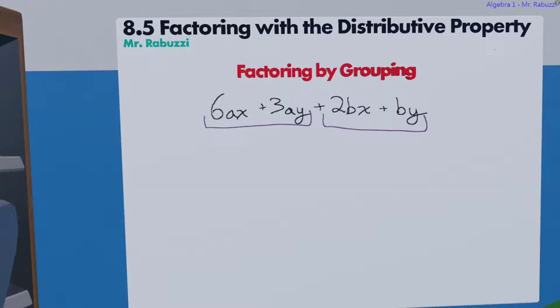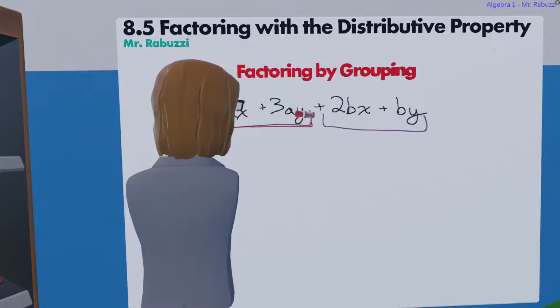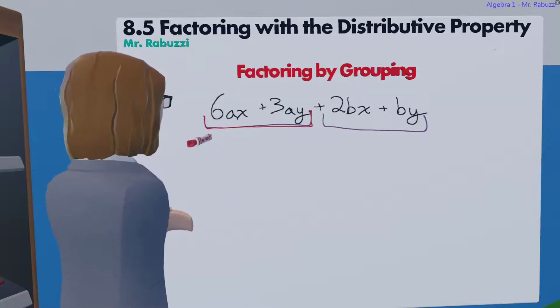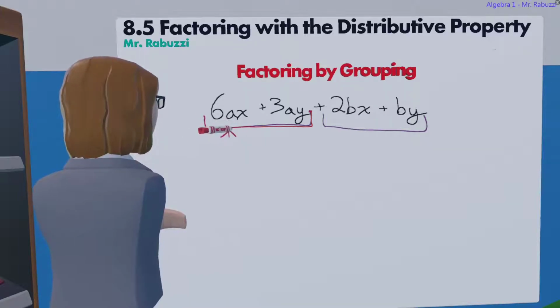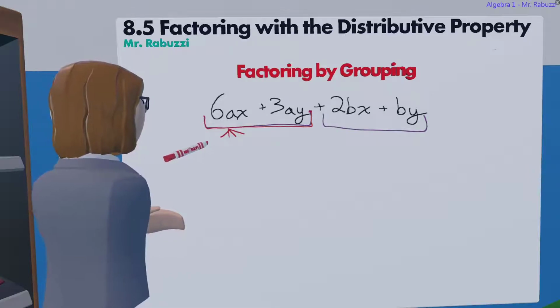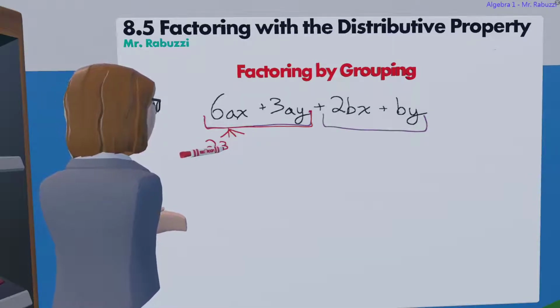So on the left side, let's factor it out. This will be my red group. The red group, I want to factor 6ax. It's going to have 4 terms. 6, I have to factor that into 2 times 3.